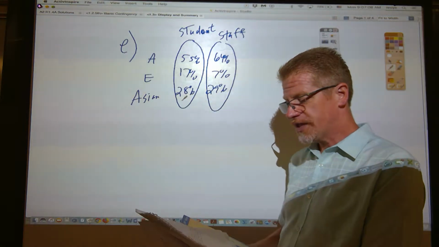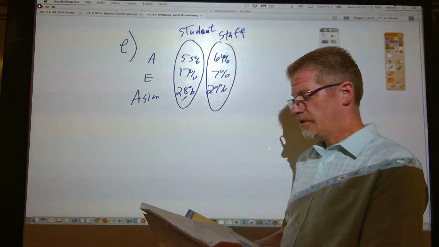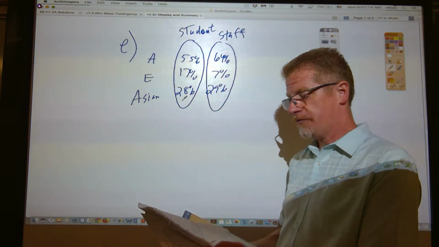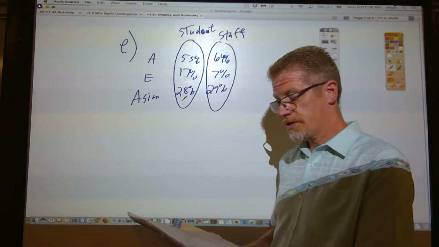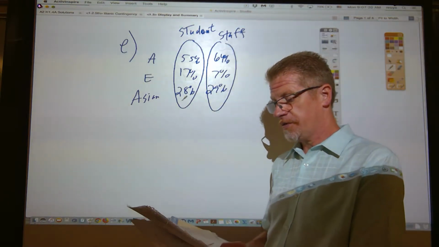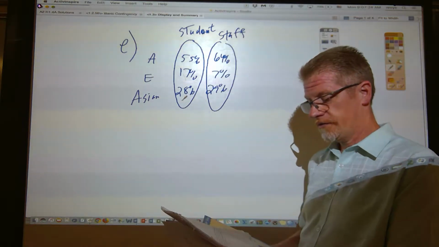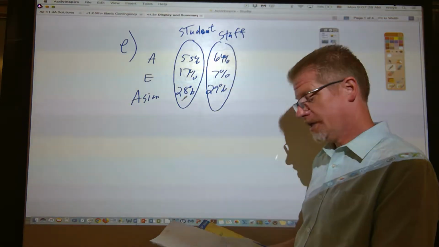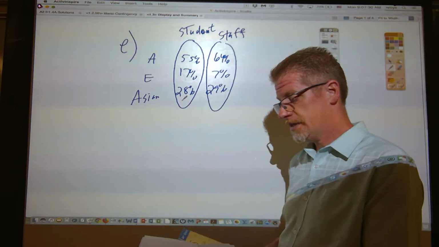For example, 17% of students have a European car, and only 7% of staff have a European car. Had origin been independent of driver, these two conditional relative frequencies would have been similar to the relative frequency of having a European car, which was 13%. Wow, that's an E+. That's fantastic.